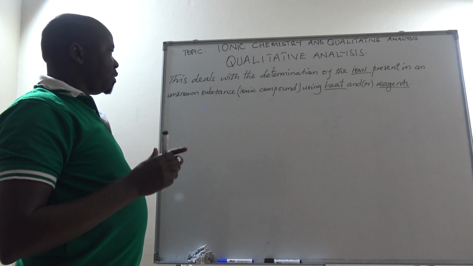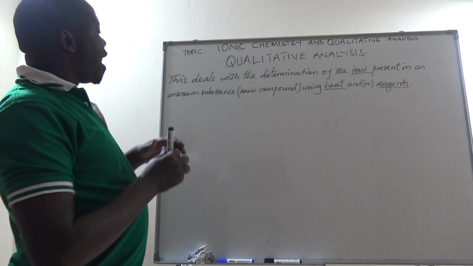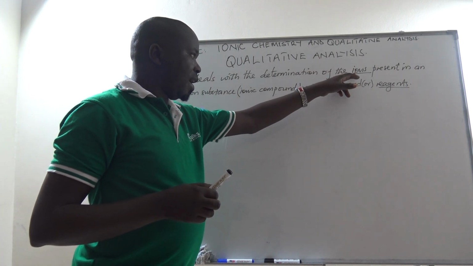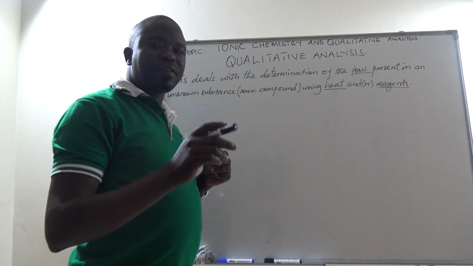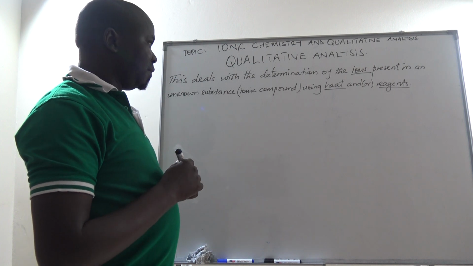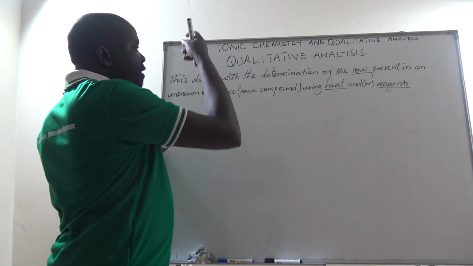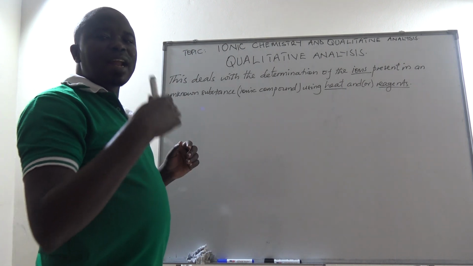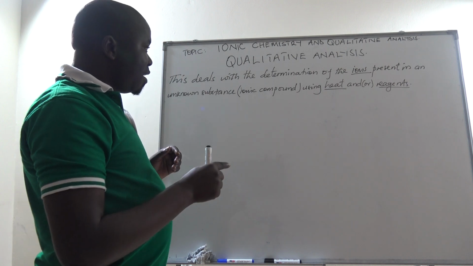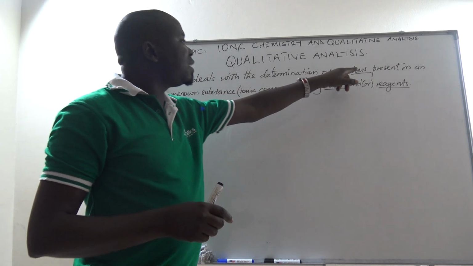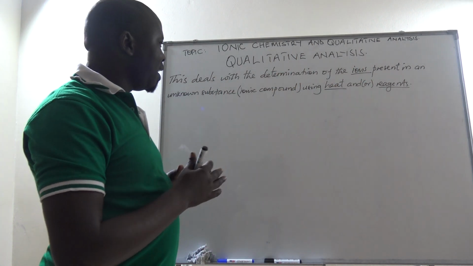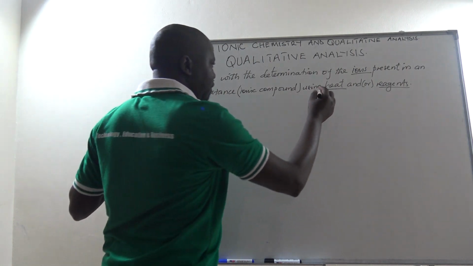We have seen that the ion theory tells us that an ionic compound consists of what we call ions, and these ions are the positive ions called cations and the negative ions called anions. So if you have been given a substance which is called an unknown substance to you, you don't know what that substance is, then you will be looking for the ions present in such a substance in a practical session or experimentally, and mainly we shall use heat.